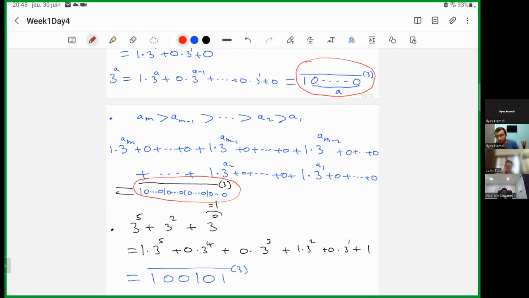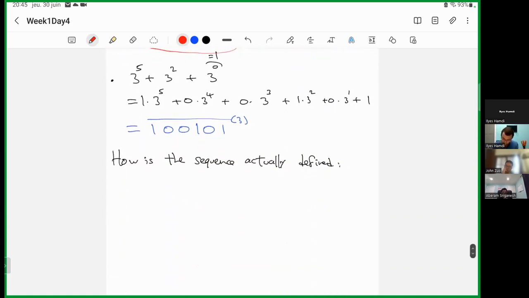If we only have zeros and ones, then no power is repeated. So if I write down the definition of those numbers, take numbers that can be written with only zeros and ones in base 3.